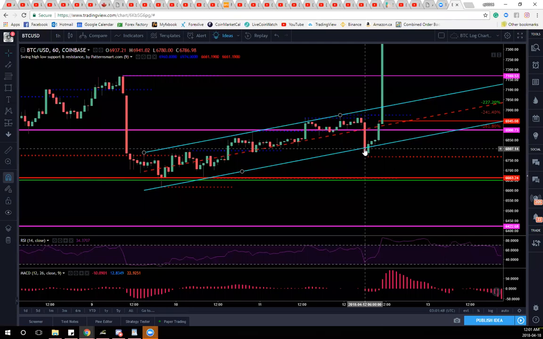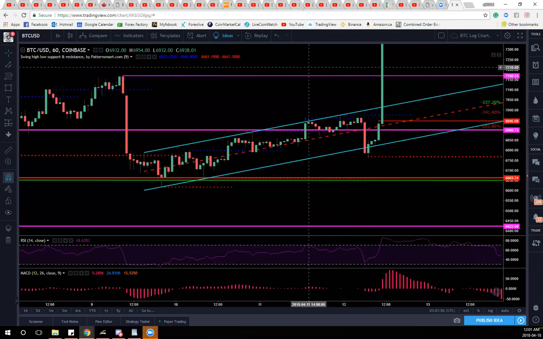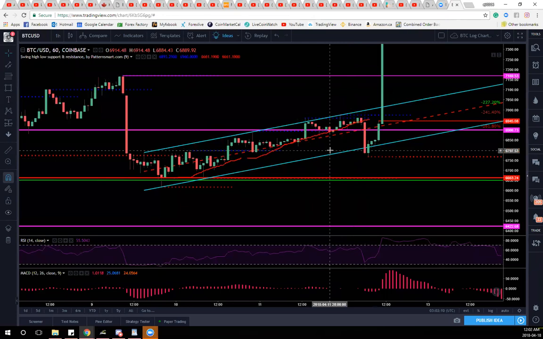I'm not sure what you mean. Can you draw on the screen? Yeah, I got it. That was basically the bear flag before the red candle closed that brought the price down.